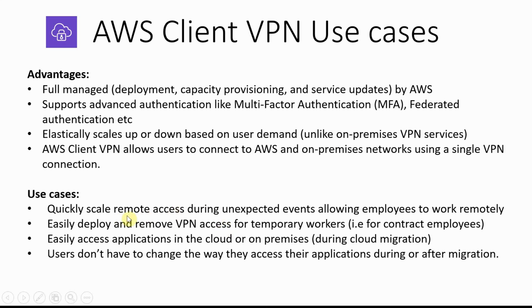Being a cloud software, they can quickly ramp up usage. That is one big advantage of using a client VPN from AWS. Also, you can easily deploy and remove VPN access for temporary workers. We already discussed this: for contract employees you can ramp up and ramp down the connectivity very easily with just a button click. And also easily access applications in cloud and on-premise.